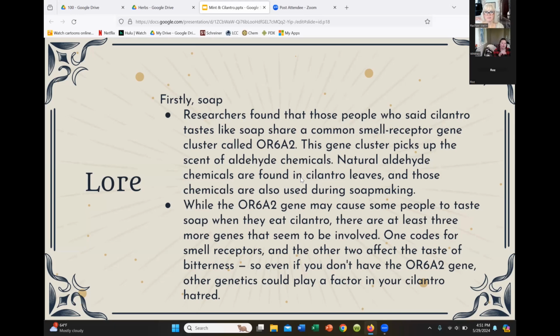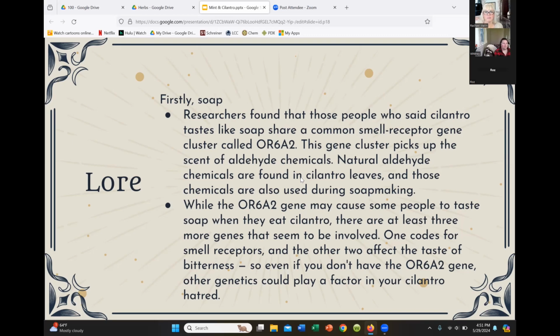Most people who think that it tastes like soap have this gene cluster. But other genes can be involved as well. Even some people who don't have this OR6A2 cluster still think that cilantro tastes like soap. So this isn't the only factor, but most people who have that soapy association have this gene cluster.